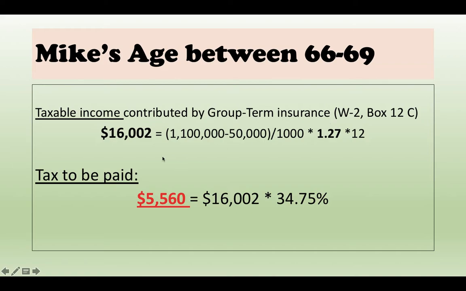The same thing happens when you go from 64 to 65. You will see your tax increase dramatically just due to this life insurance. Once you know this taxable amount, you multiply it by your marginal tax rate, and that gives you the tax amount you have to pay for this life insurance.